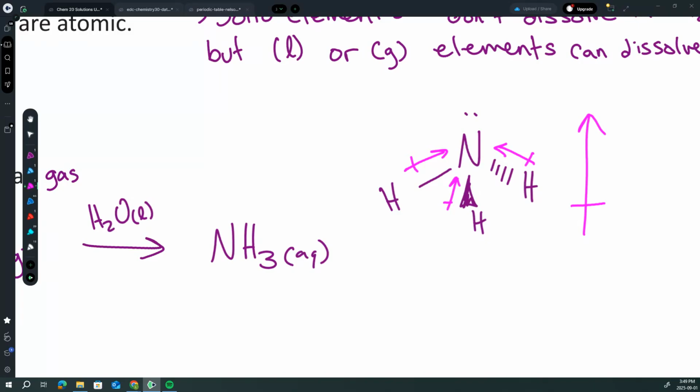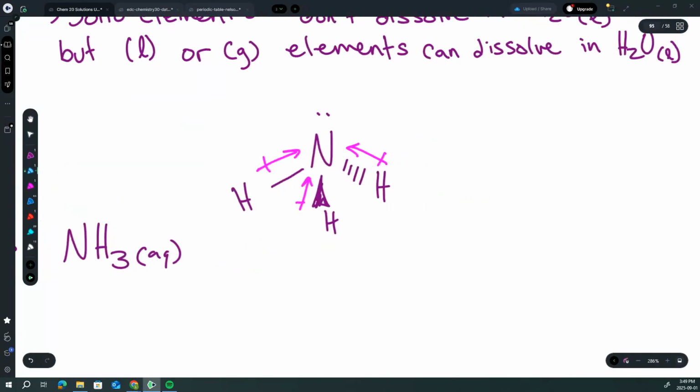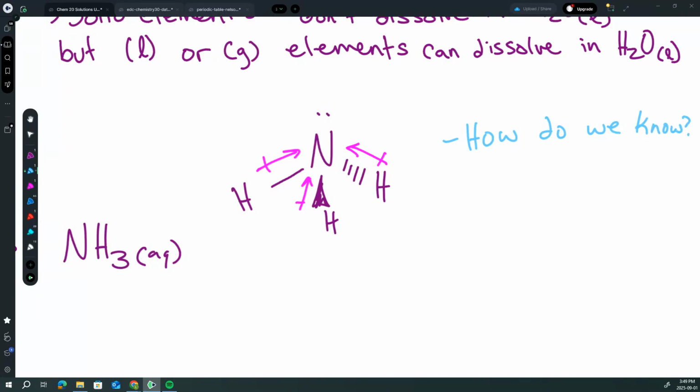That's it. So let's write out, how do we know? NH3 is polar. So that comes back to like dissolves like.